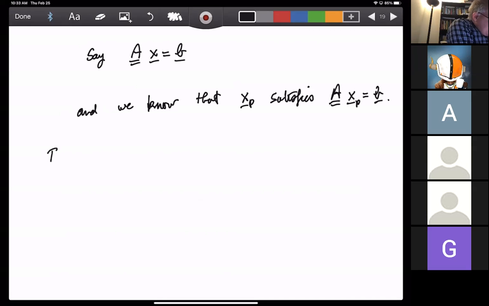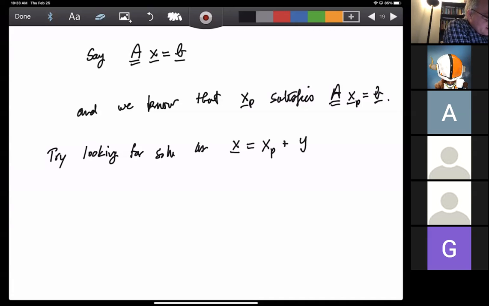Well, try looking for the solution of this non-homogeneous problem as X is equal to X sub p plus something.